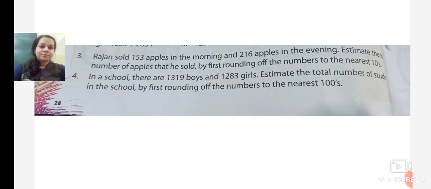Estimate the, what is the question? Estimate the total number of apples that he sold by first rounding off the numbers to nearest tens. What we will do? First we will round off the numbers to nearest tens and then we will add. So what are the steps that we follow when we solve the word problem?